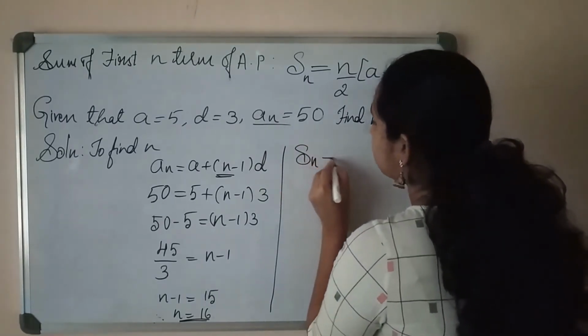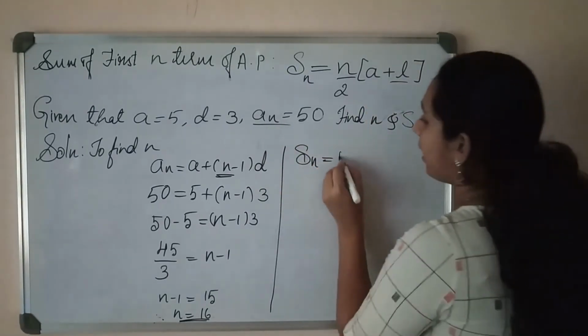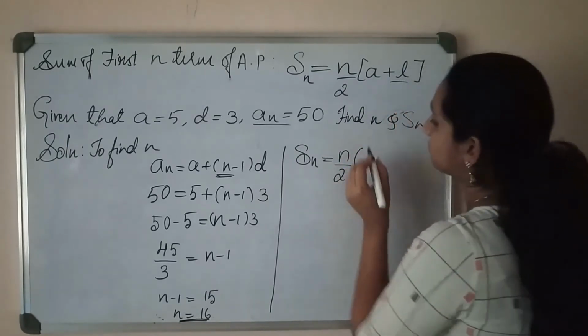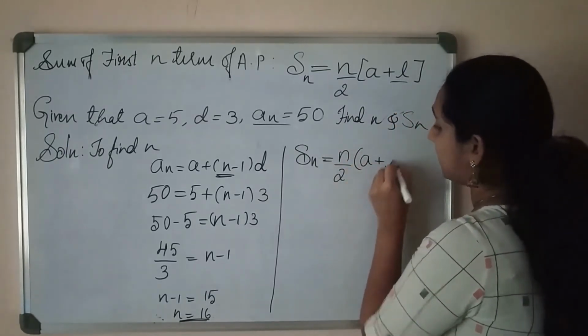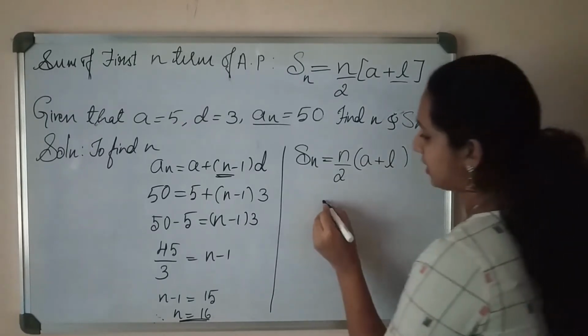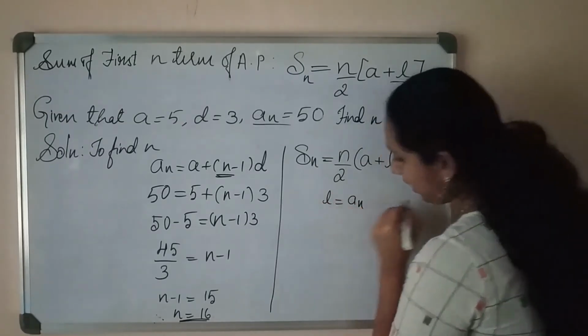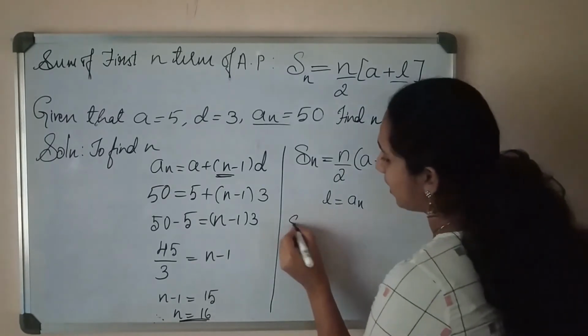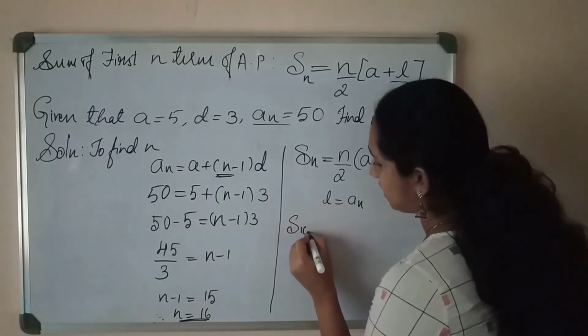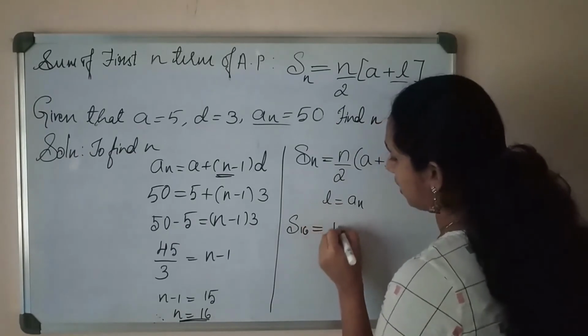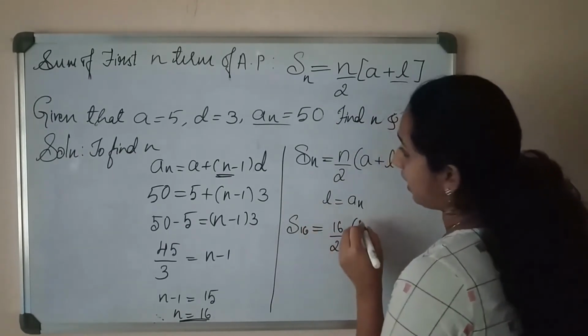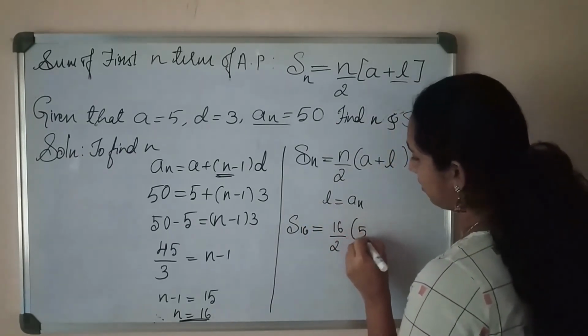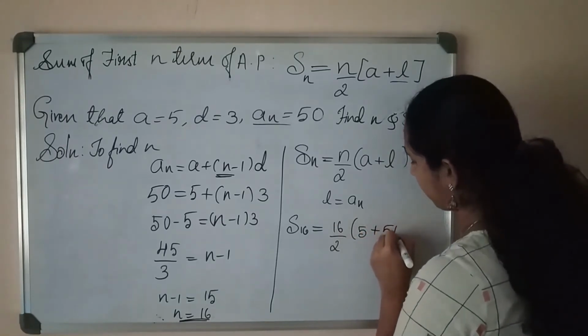Sn is equal to n by 2 into a plus l. What is l? L is nothing but an, and we have found n, which is 16. S16 is equal to 16 by 2 into a, which is 5, plus 50.